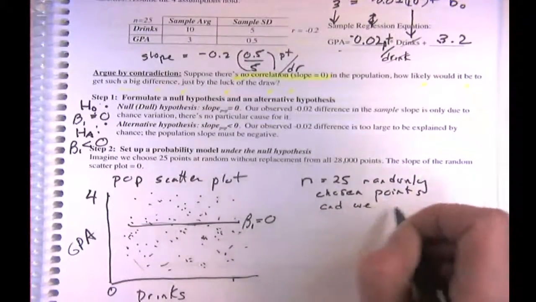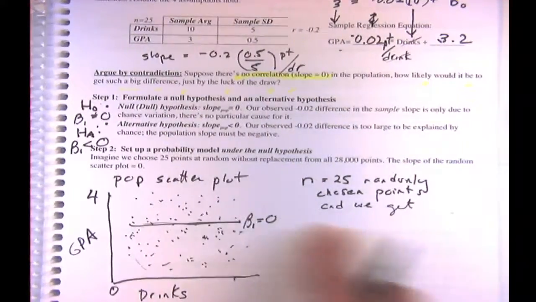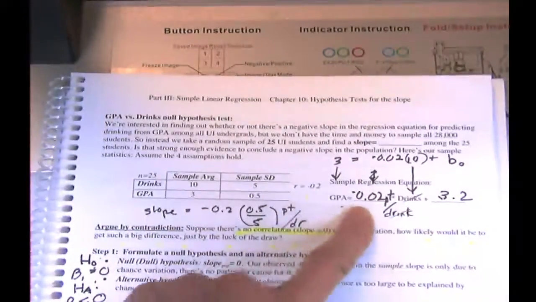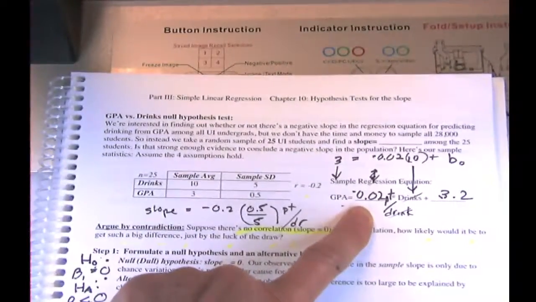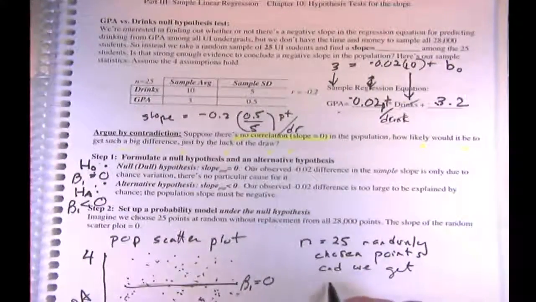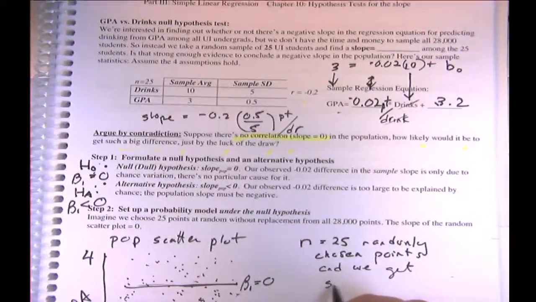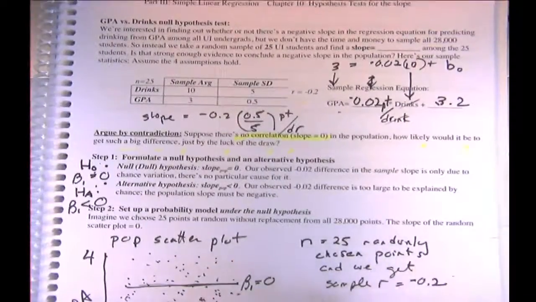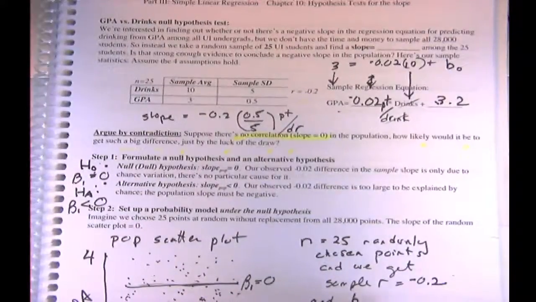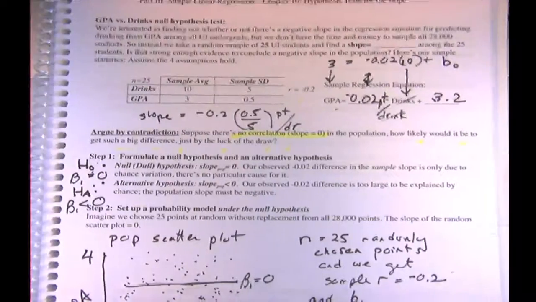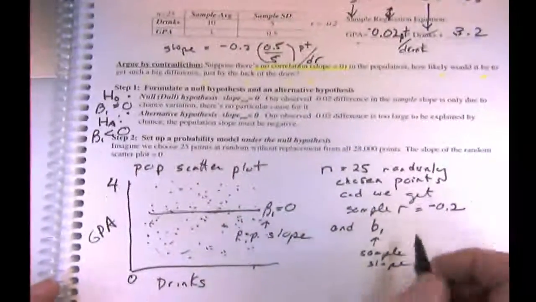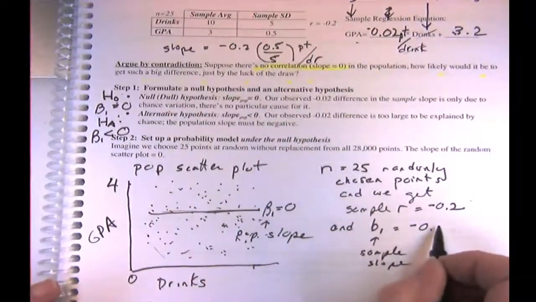And we get this slightly negative correlation, and it's translated into slope, and we get a sample r equal to negative 0.2, and B1, which is our sample slope, and that's our population slope assumed under the null, and B1 equal to negative 0.02.